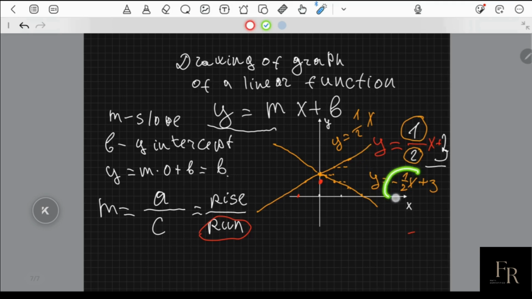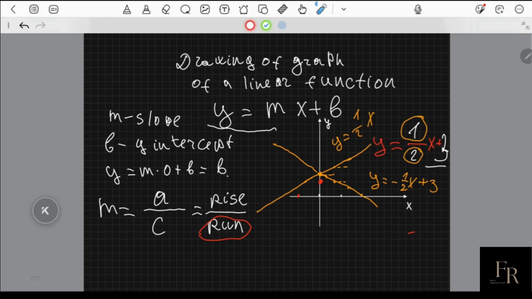If it is negative, like here, if x increases, then y decreases. So it's basically how you find the slope.